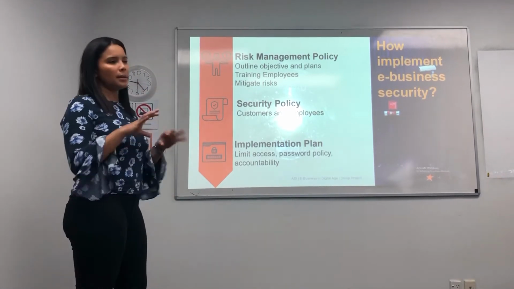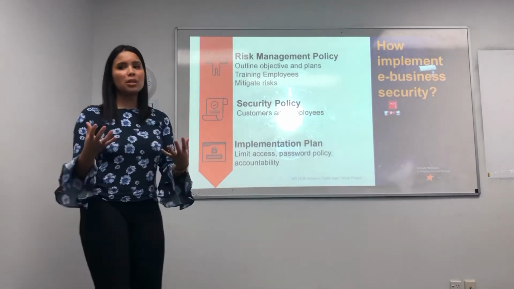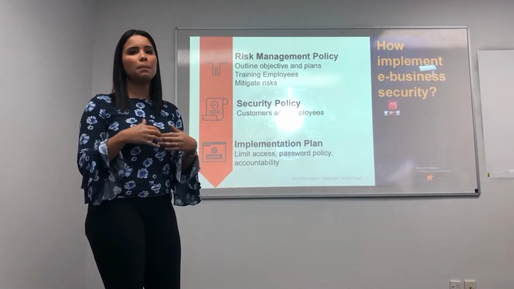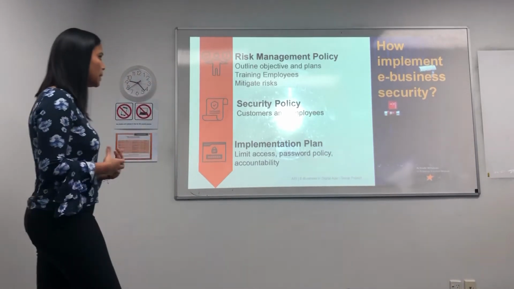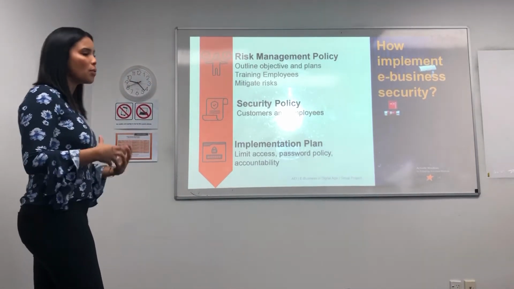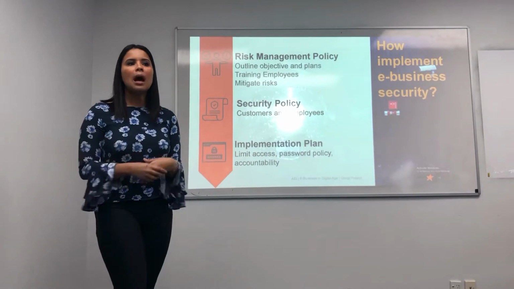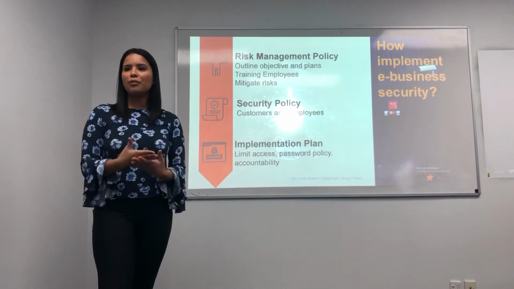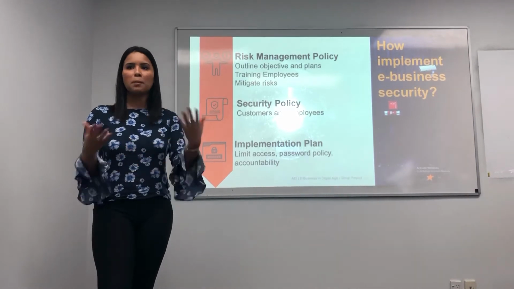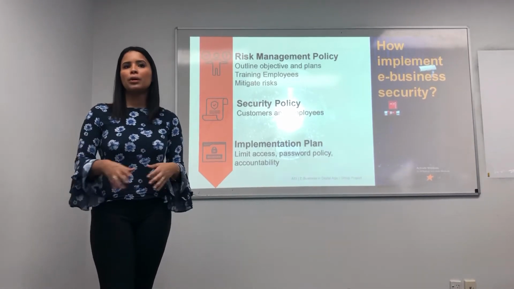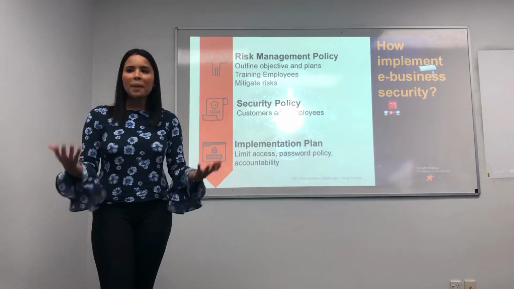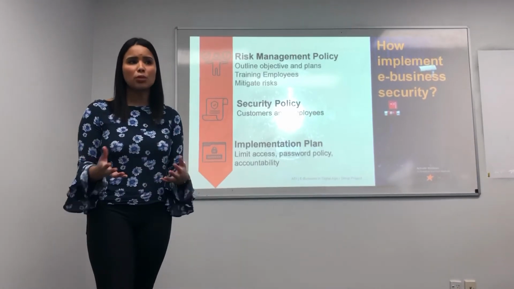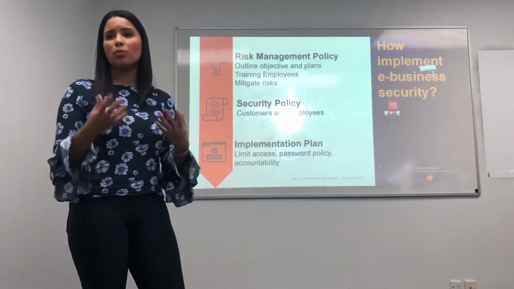The company, manager or IT team has to outline all the plans and objectives of the company. They have to train all the employees, because it doesn't matter how much a company spends to provide a secure environment if the employees don't know how to use it, share their passwords with everyone, or even put confidential information on the website.